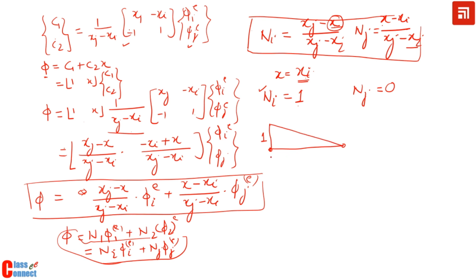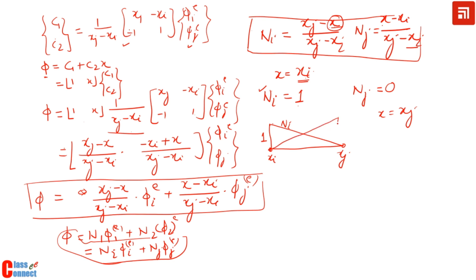When x is equal to xi, the value of ni is 1, and when x is equal to xj, xj minus xj will be 0, and that is what you get here. And this is the variation of ni, and the variation of nj would be opposite to this.